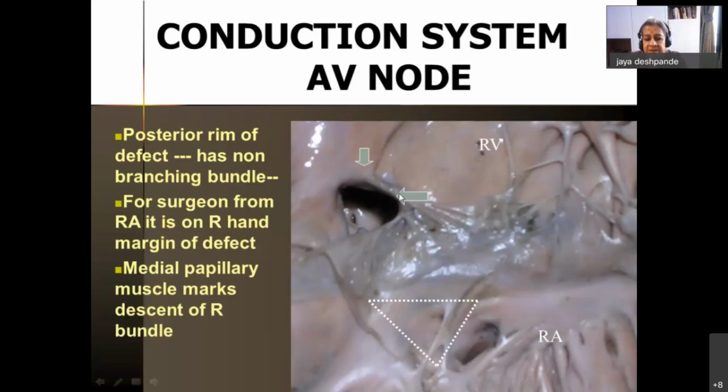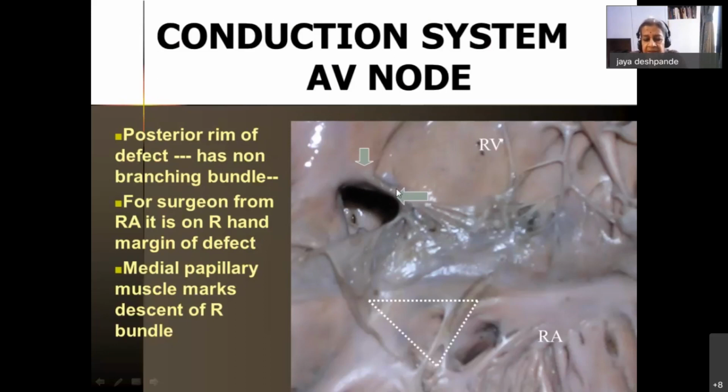Now, you see here, the medial papillary muscle is attached here. The importance of the medial papillary muscle is that the bundle of His penetrates the crest of the septum at the attachment at the level of the medial papillary muscle, and after that it divides into the right and the left bundle.